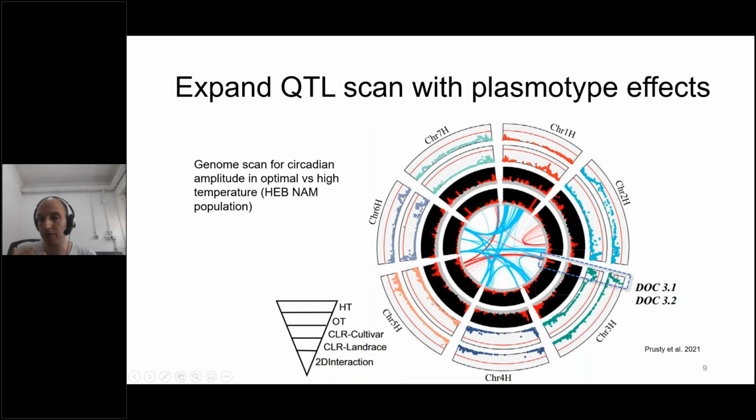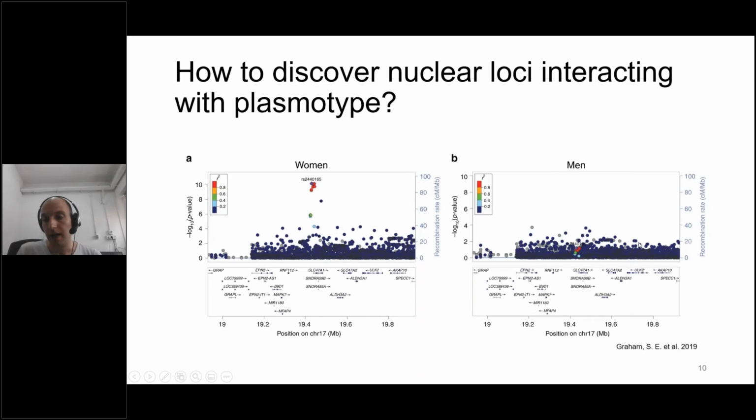But what we would like to do with the CHAMP population is, for example, add another shell on the outside and show epistatic effects, or additive effects, or interaction effects in general, that are influencing those loci which we discover for the different phenotypes that we are analyzing. Of course, we are still waiting for the genotype data, but we are already thinking of which kind of models we can apply to discover this kind of interactions.